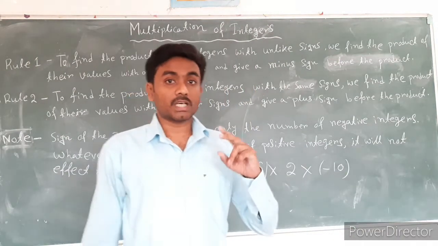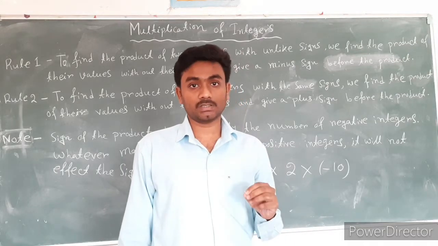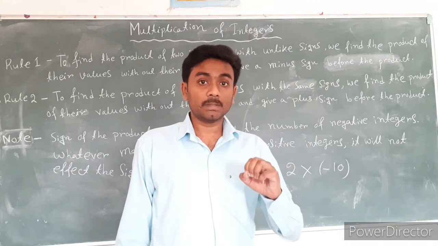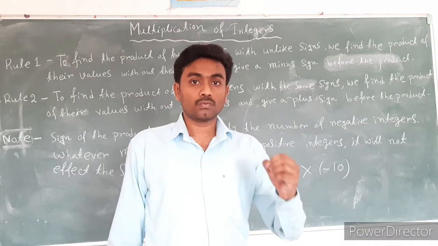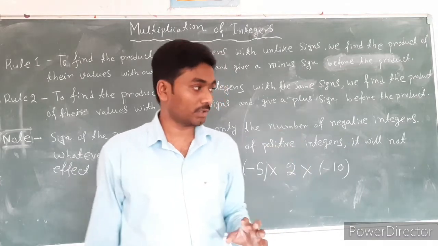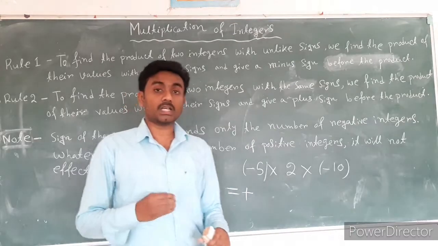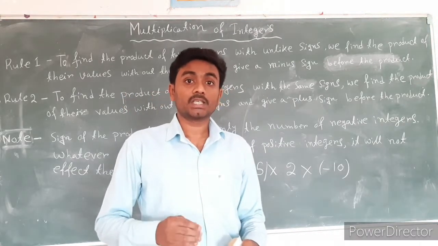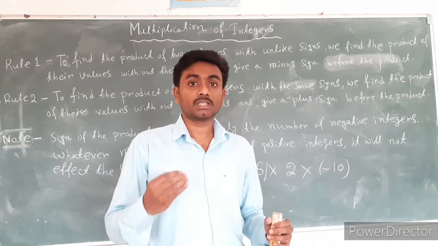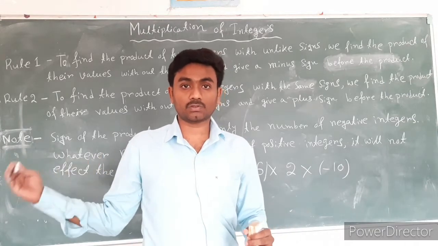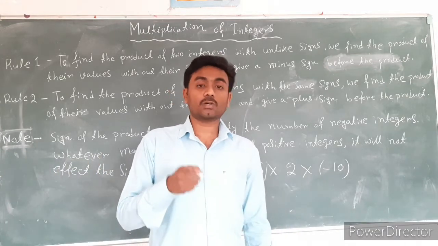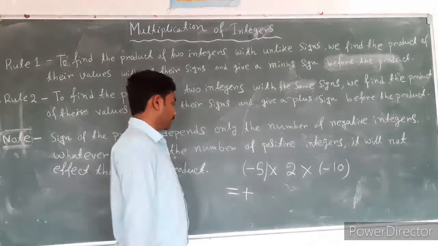If the number of negative integers is even, that is 2, 4, 6, 8 and so on, then the sign will be positive. If the number of negative integers is odd, that is 1, 3, 5, 7 and so on, then the sign of the product will be negative.